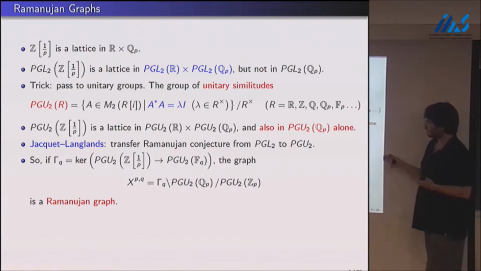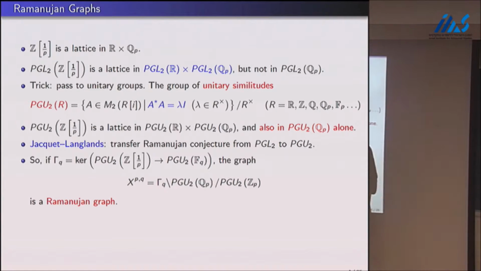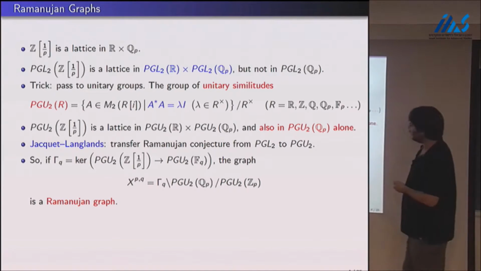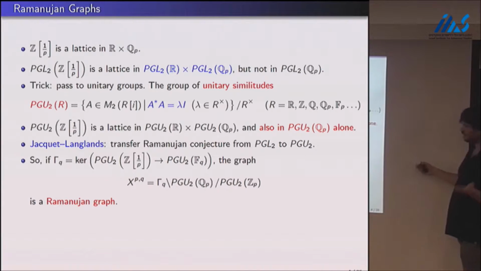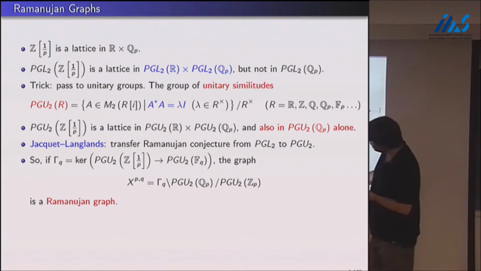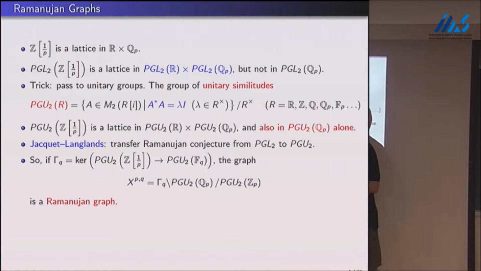And then if they take an arithmetic group, so for example a congruence subgroup, a subgroup of this lattice which comes up as a kernel to a finite group, they have eventually finite graphs, and these are Ramanujan graphs. So this is the X^{p,q} from Alex and Peter and Philip's paper.